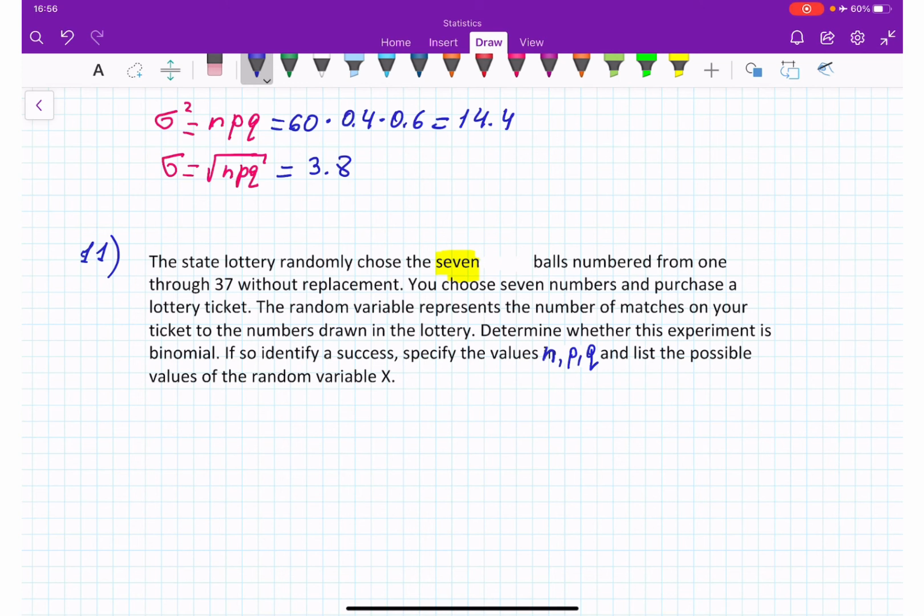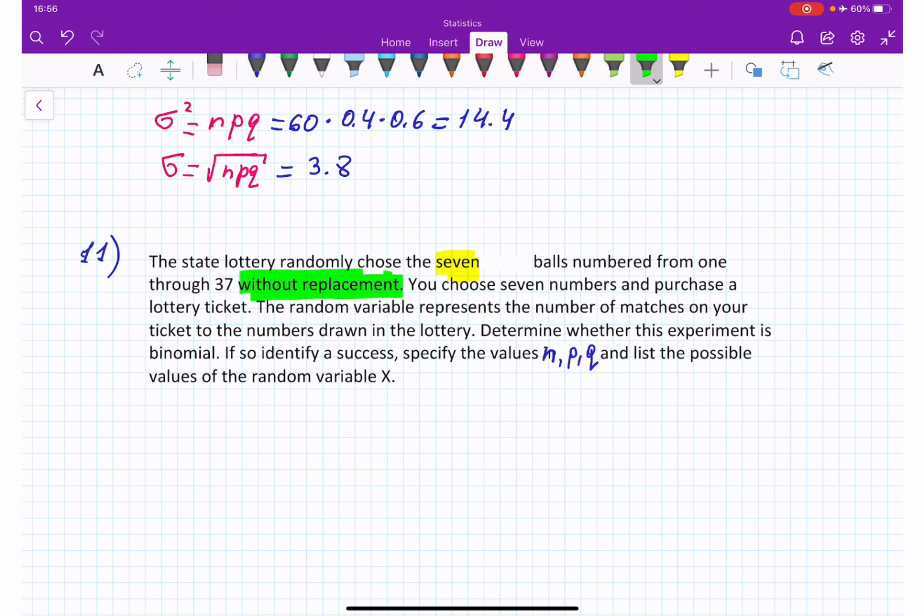Okay, so since the balls are being chosen without replacement, look here. What does that mean? The first time you chose from 7 balls. You didn't replace it, you put it aside, which means for the second time you have only 6 balls.